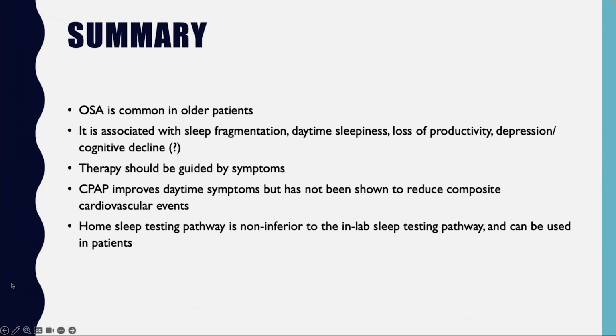It is associated with sleep fragmentation, daytime sleepiness, loss of productivity, potentially depression, and cognitive decline. The therapy for sleep apnea should really be guided by symptoms and if they have very severe sleep apnea or significant hypoxemia. CPAP does improve daytime symptoms and it does improve blood pressure, but it really hasn't been shown to reduce composite cardiovascular events in large randomized trials.